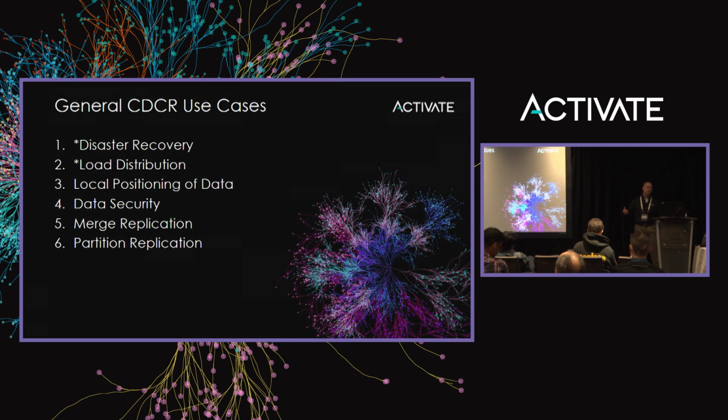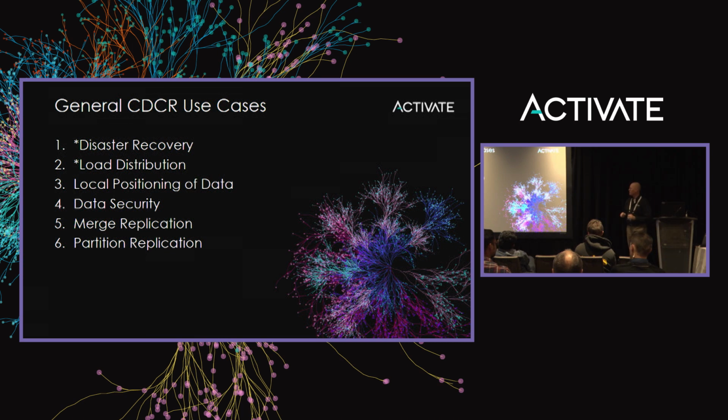Data security is a fairly common use case where I need to isolate a copy of my data for a certain user base that's isolated, but it needs to be the same as what the rest of my users are using. There are reasons we need to sometimes keep it separate.